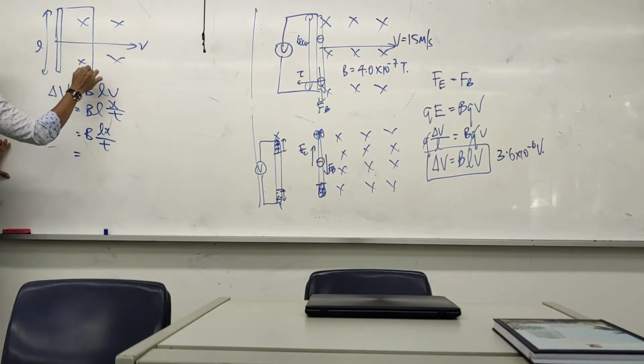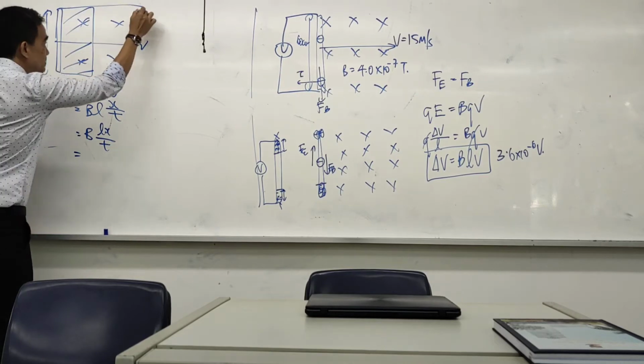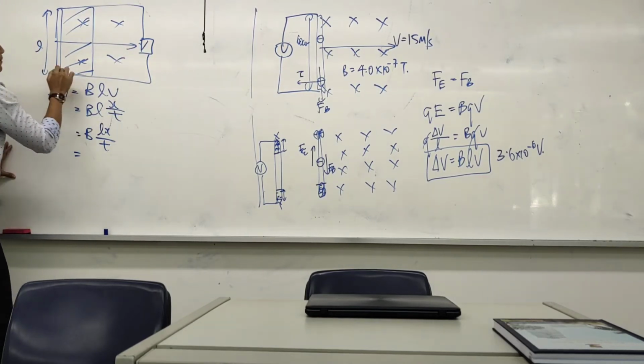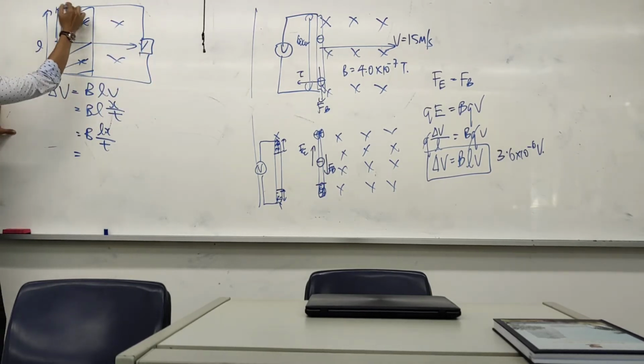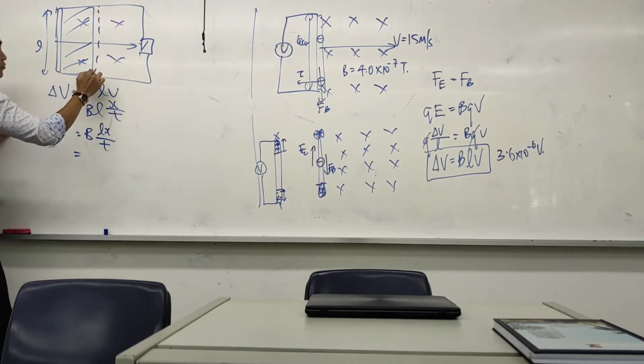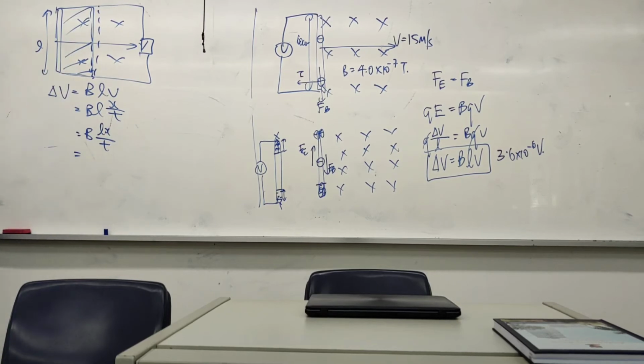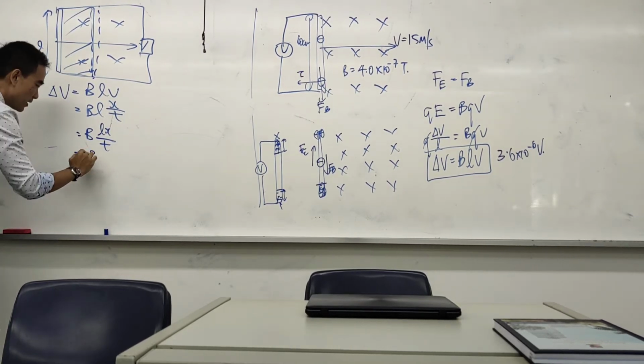Do you agree that it is the area swept? Now, if I put this in the perspective of a loop, can you see that it is the decrease in the area of the loop? Previously it was here, now it is here, if I move my rod to this position. So it is just the change in area.